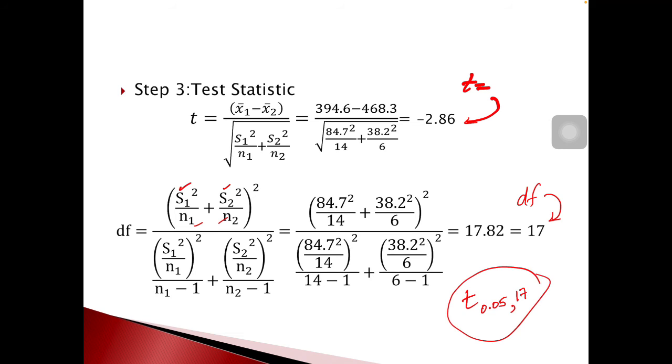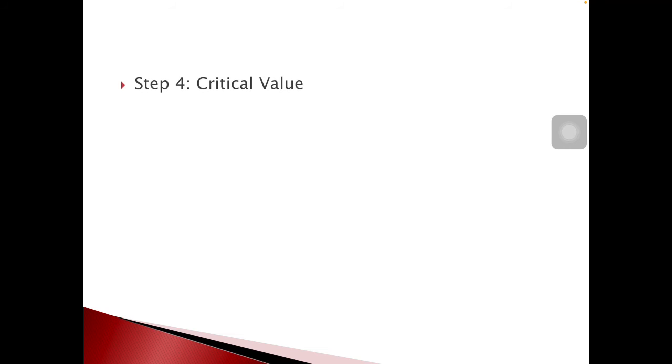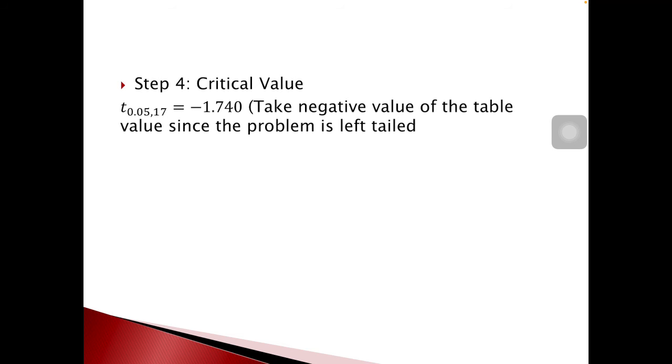So you have to find this from your t table, 0.05 and degrees of freedom 17. You will find this value is negative 1.740. Why negative? Because your alternative hypothesis is mu1 less than mu2, this is a left tail test.